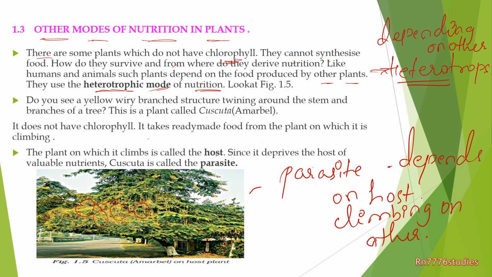Since it deprives the host of valuable nutrients, Cuscuta is called the parasite. Parasite means depends on host. That means it does not prepare its own food. It depends on other. Okay, let's see next.